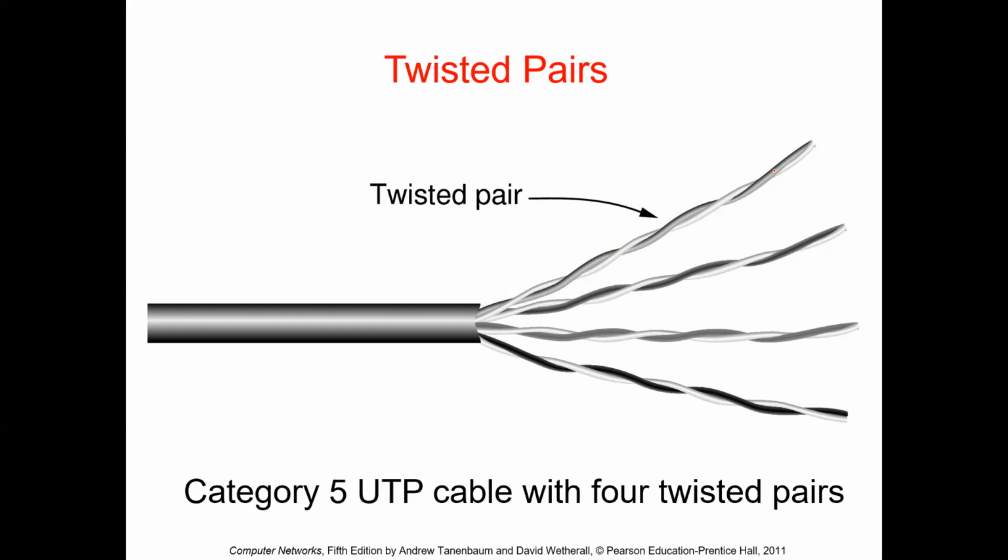This is done in order to prevent them from acting like an antenna. If it's just a single cable, it'll be taken as an antenna, and any signal nearby can affect it. So two pairs of cables are twisted in order to send the signals.